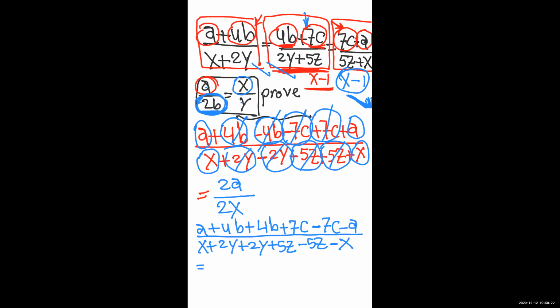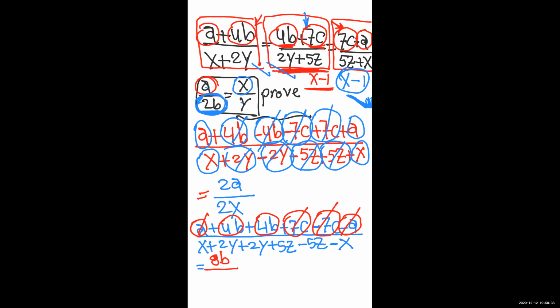Now check the like terms, a, negative a, so 0. 4b plus 4b, so 8b. Then 7c, negative 7c means 0.